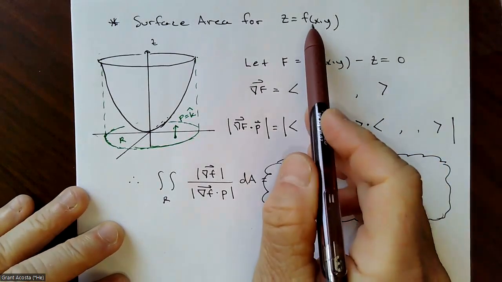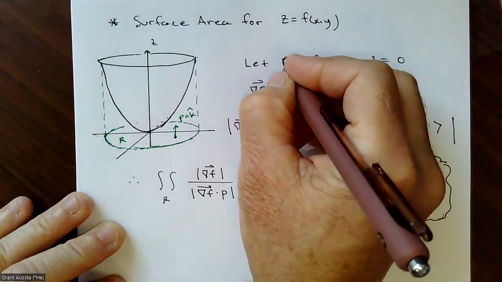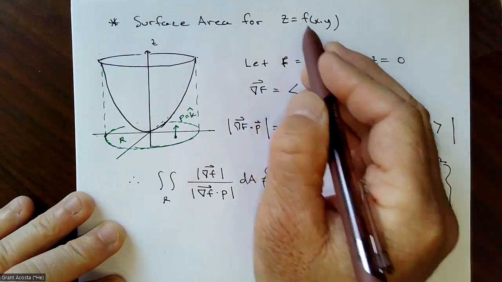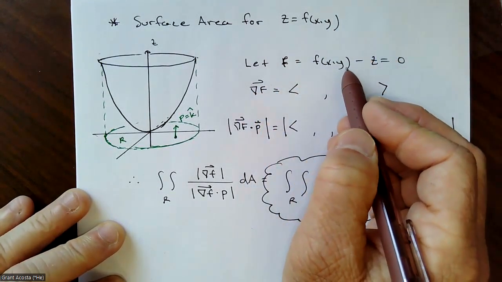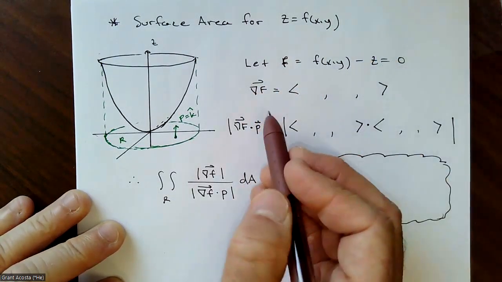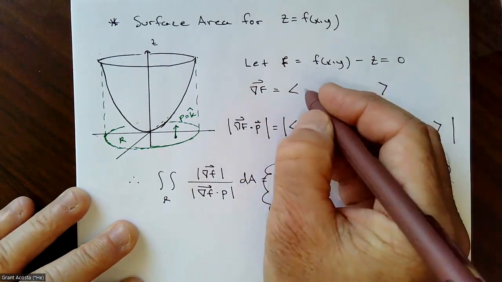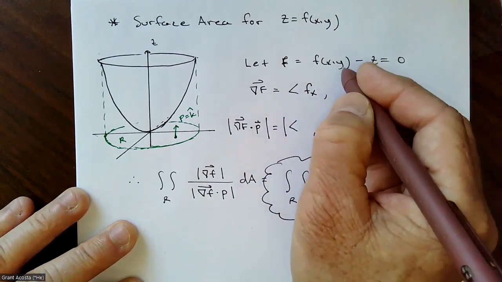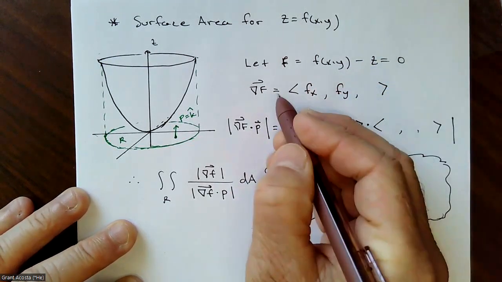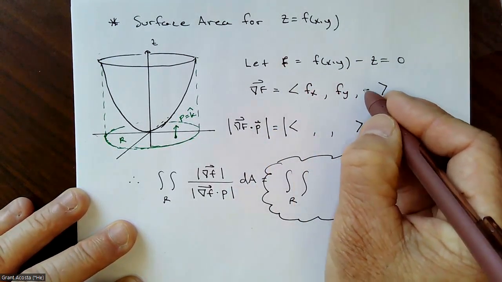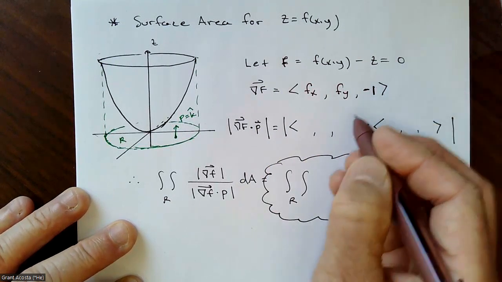How did we deal with it? Well, we let f, we just moved z over and called it f of x, y minus z equals 0. My gradient is always going to have the form: the partial of this with respect to x, the partial with respect to y, and the partial with respect to z, which is always going to be -1.